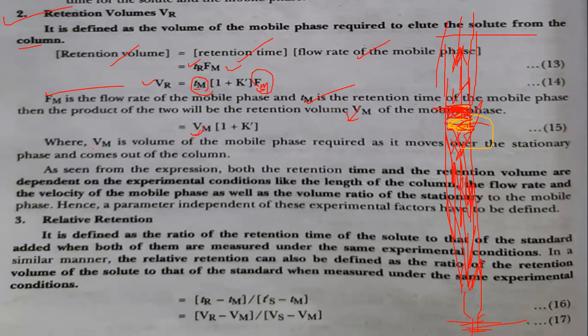Vm is the volume of mobile phase required to move over the stationary phase for the elution of the component. As seen from the expression, both the retention time and retention volume depend upon experimental conditions like length of column, flow rate, velocity of mobile phase, as well as the volume ratio of stationary phase to the mobile phase.